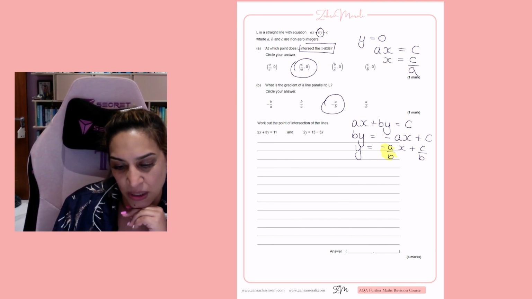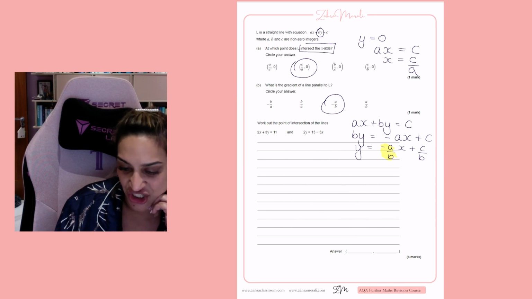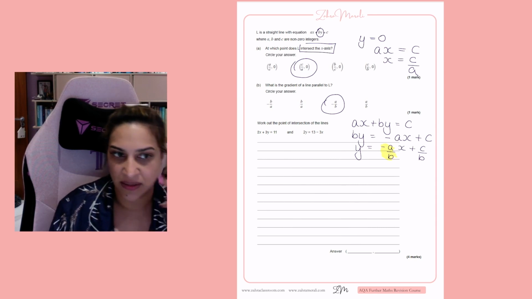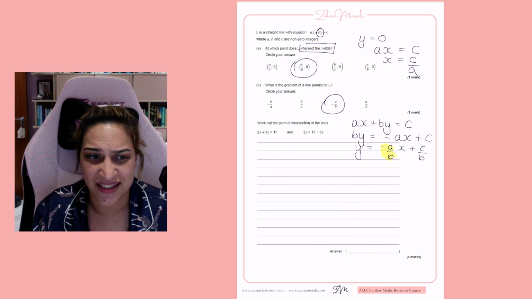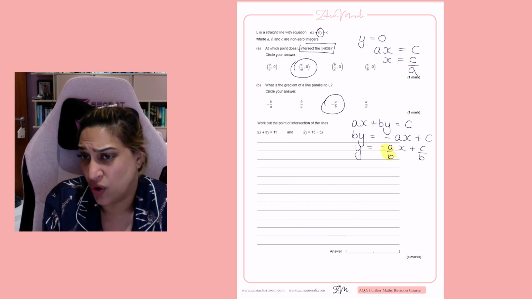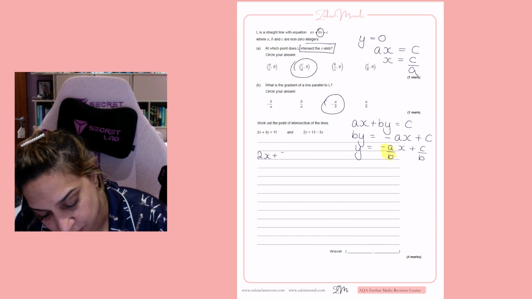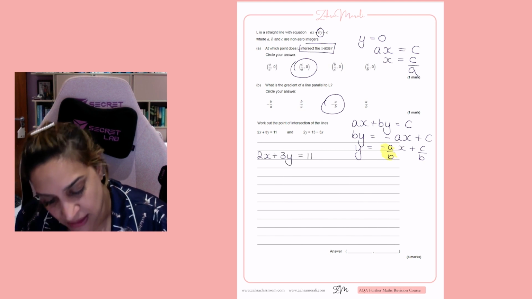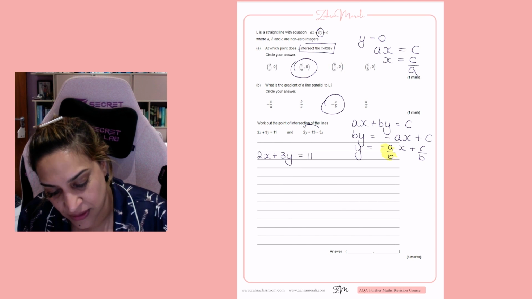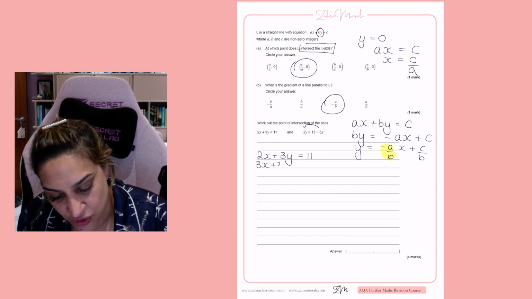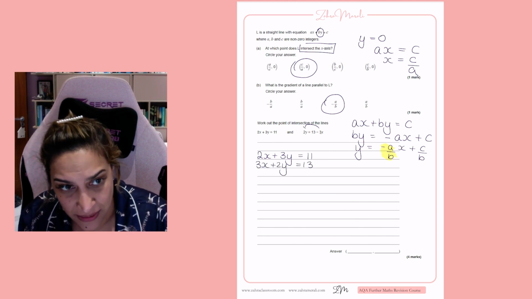Okay, now they've got to work out the point of intersection of the lines. Okay, so we've got simultaneous equations again, just in context. It's what we use them for. So we've got 2x plus 3y equals 11. I'm going to bring that 3x over and we get 3x plus 2y equals 13.